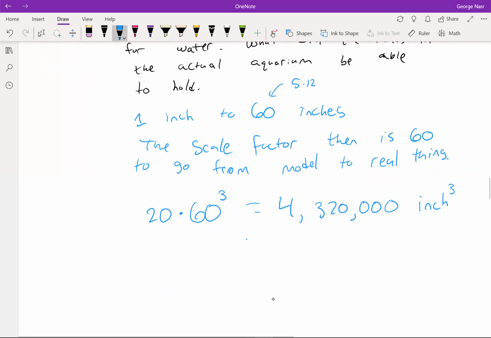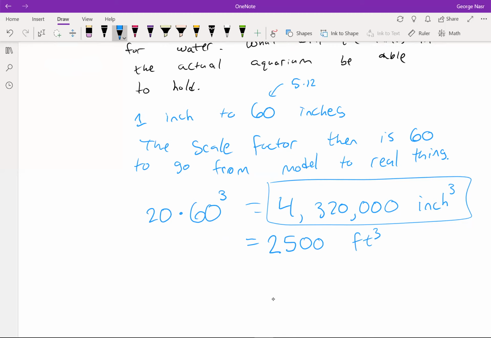Okay, that's kind of a big number, but remember, this is in cubic inches. I'm totally fine if you leave the answer here, but just for reference, using some dimensional analysis, I can deduce that the cubic footage is 2,500 cubic feet.